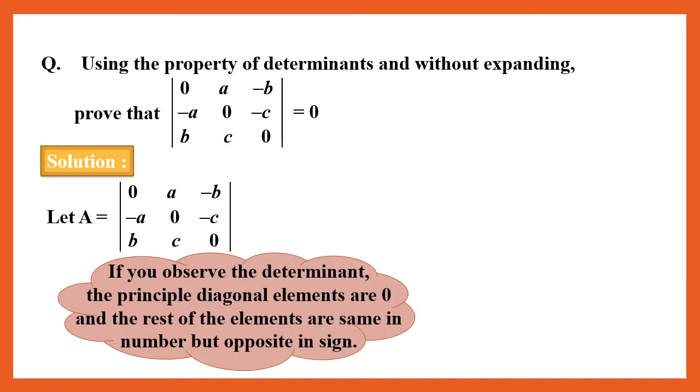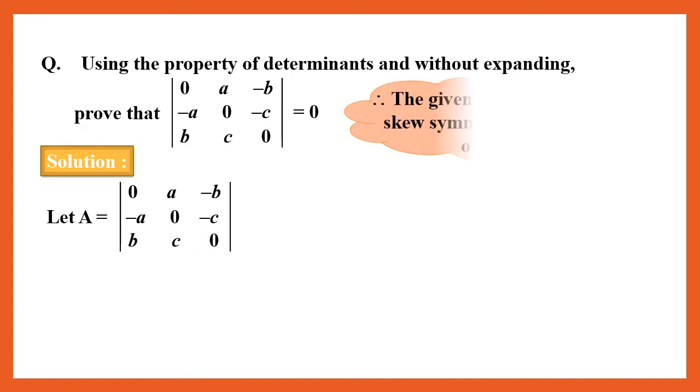If you observe the determinant, the principal diagonal elements are 0 and the rest of the elements are the same in number but opposite in sign. You can see we have both A and minus A, minus B and B, and minus C and C. The values are the same but the signs are opposite and all the diagonal elements are 0.